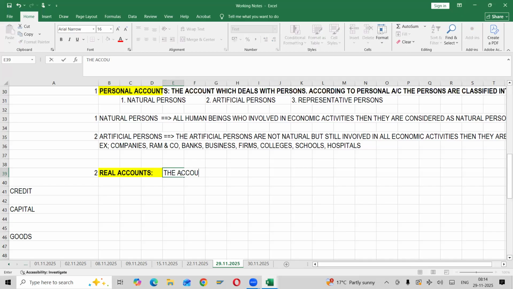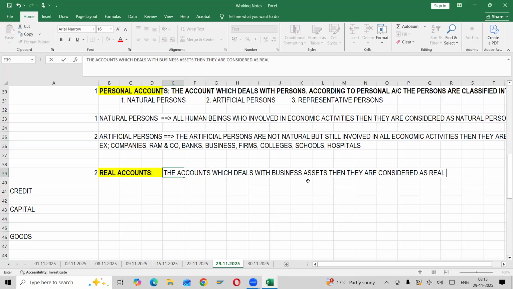The accounts which deal with business assets are considered as real accounts.